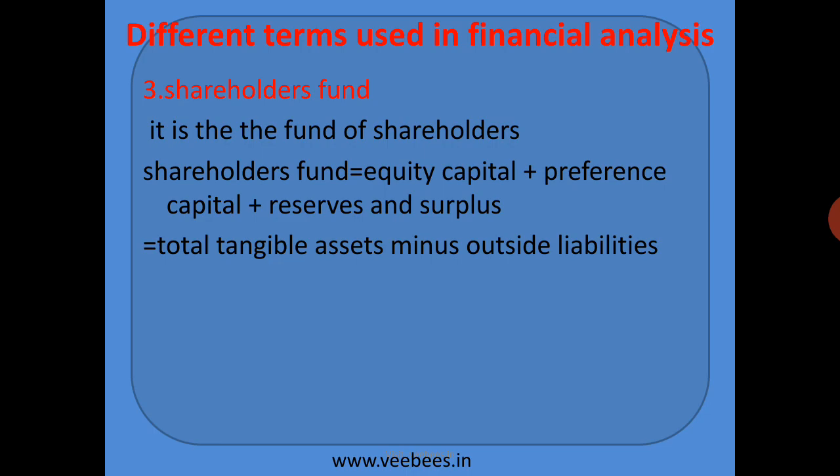These three elements come under shareholders fund. Another way to find shareholders fund is total tangible assets minus outside liabilities. We will deduct the external liabilities from total tangible assets.